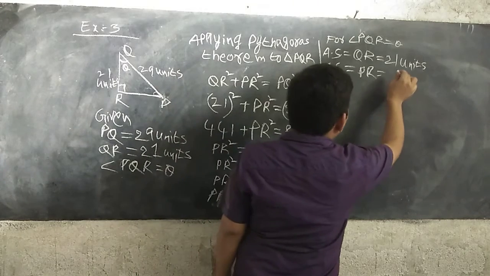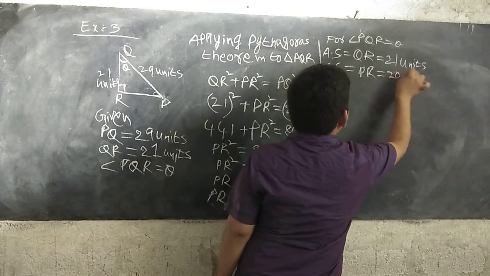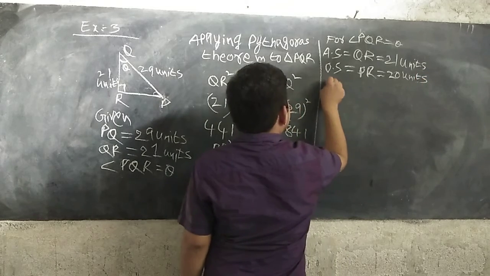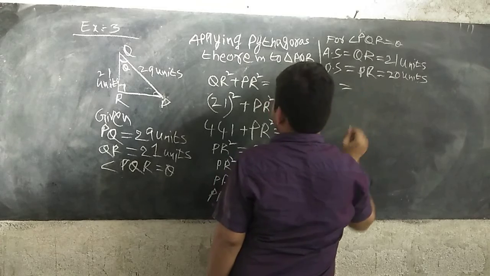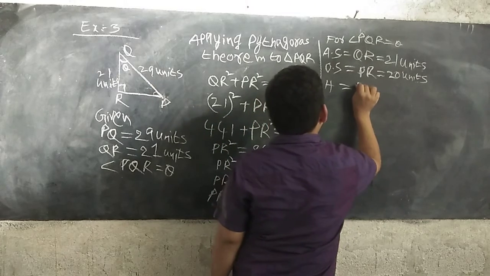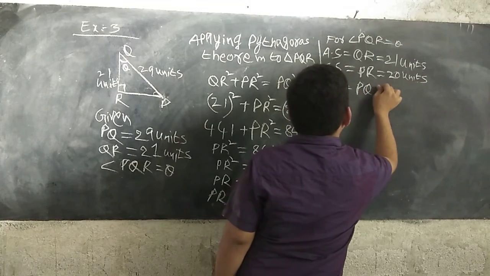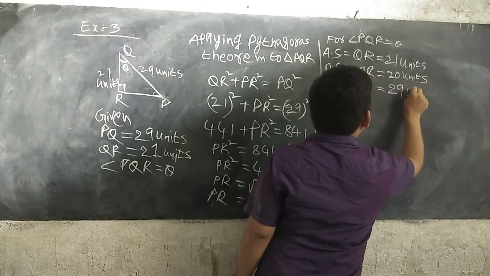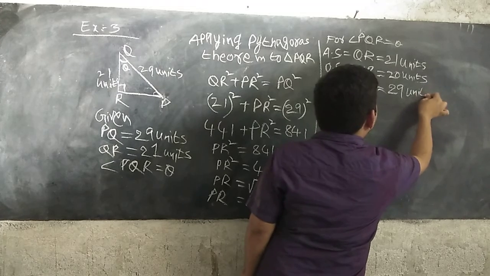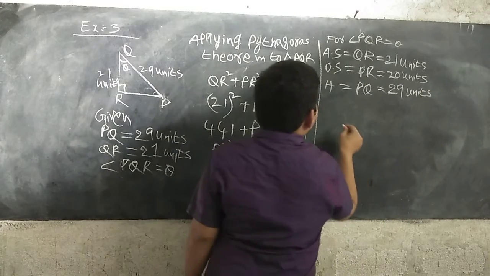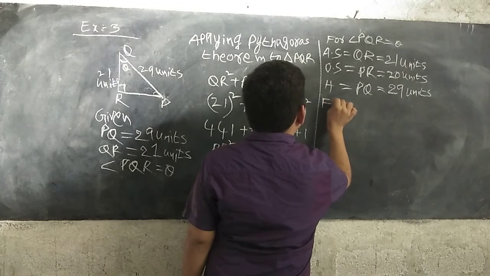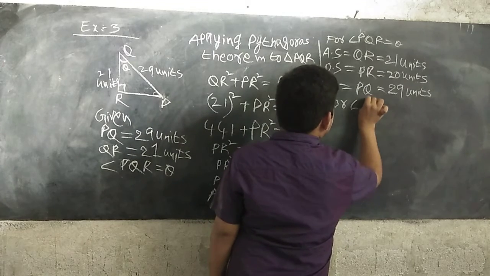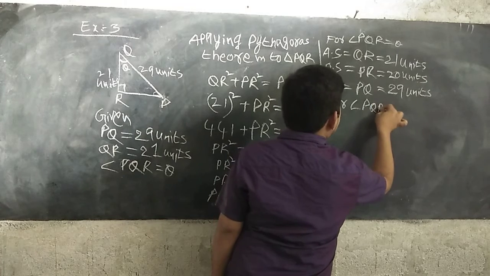The hypotenuse is PQ, equal to 29 units.